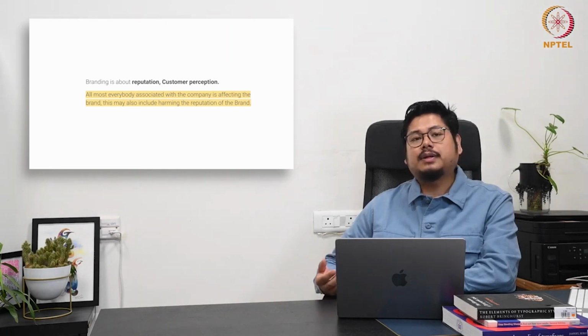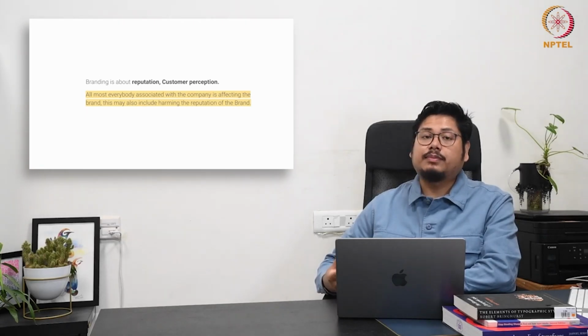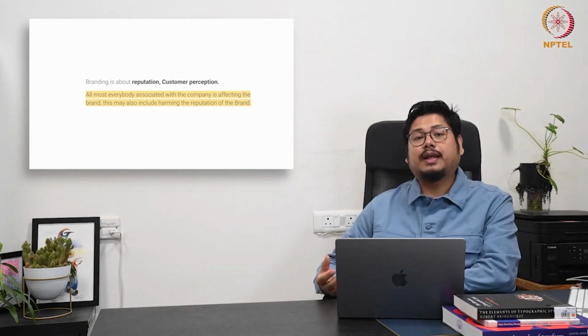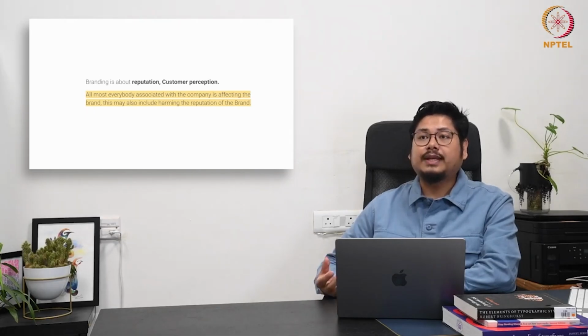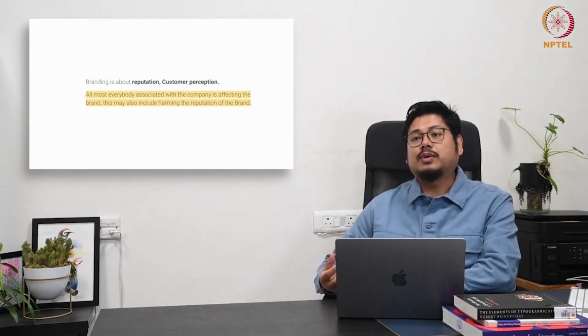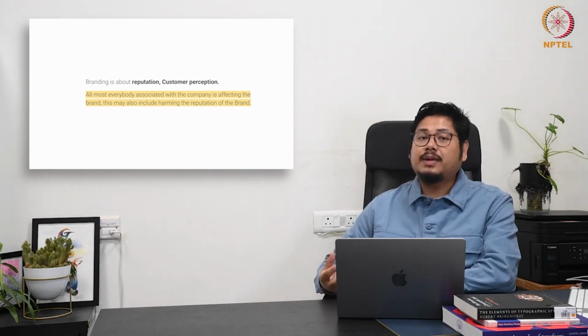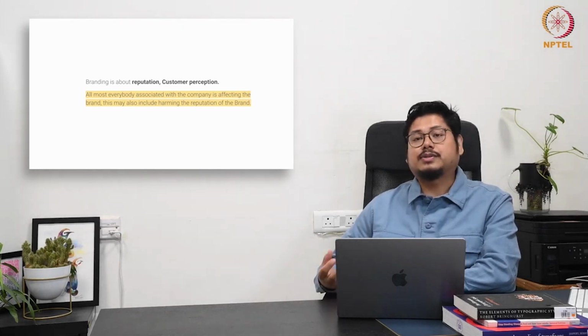And if the employee of that particular shop is not engaging with us properly, or maybe rude with us, that will impact the overall essence of the perception of the brand. Primarily, we'll raise question on the overall brand, like how they are managing. It's not the employee we are directly targeting. We also say XYZ shop's employees are not treating us well, so the overall brand is not concerned about customer service. Okay, so this is how we create a perception.